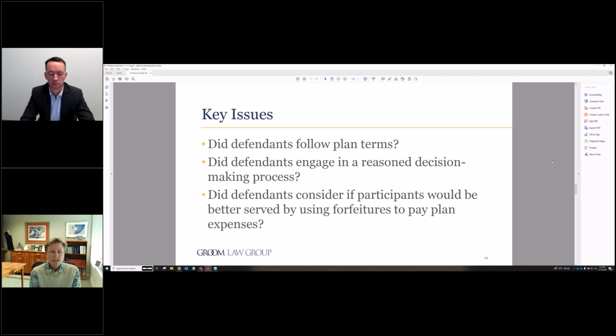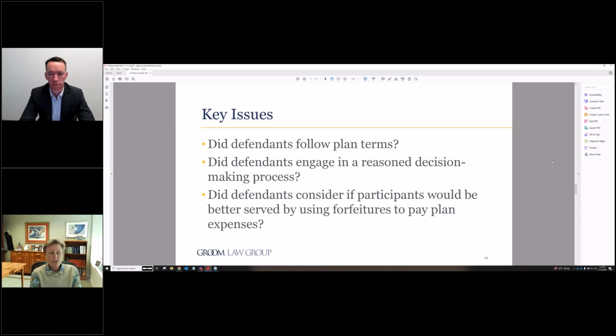And a pretty standard type of plan term is that forfeitures may be used to offset employer contributions or for any other permissible purpose, including the payment of plan expenses. And so, one thing to think about is, what are the plan terms? And often the defendants say, well, look, we followed the plan terms. The plan terms are permissive, and there's no violation because we followed the plan terms, just because you don't like the decision that we made.